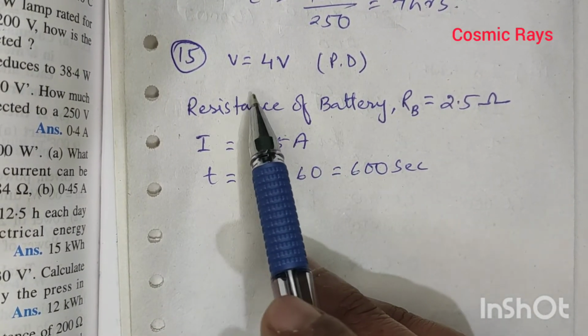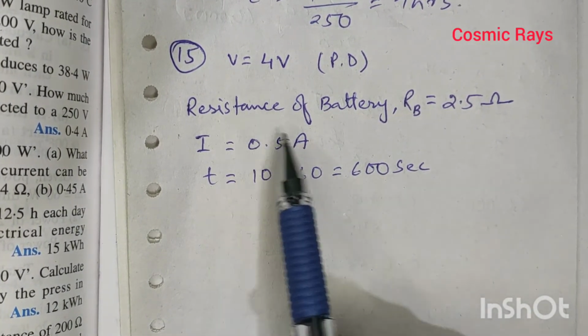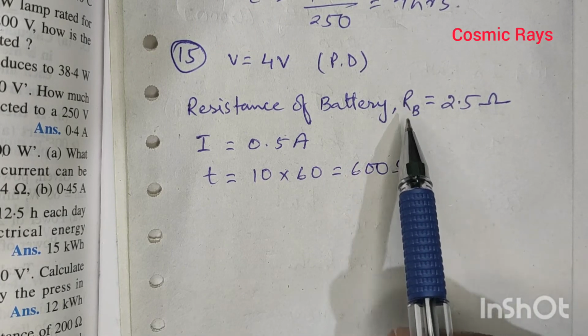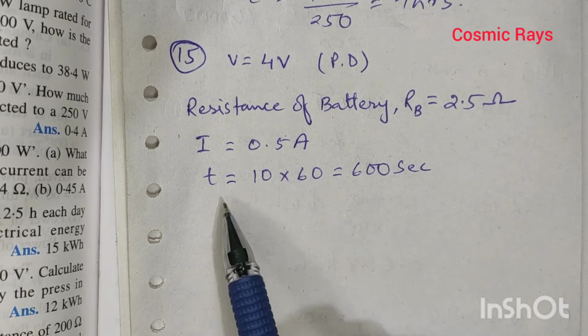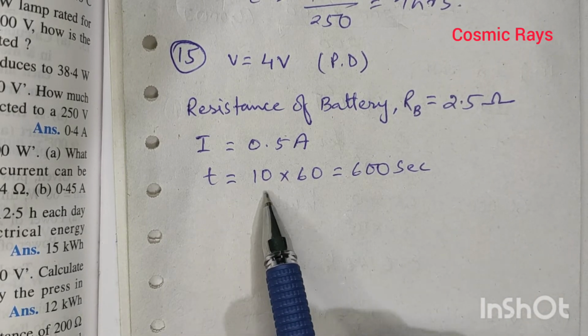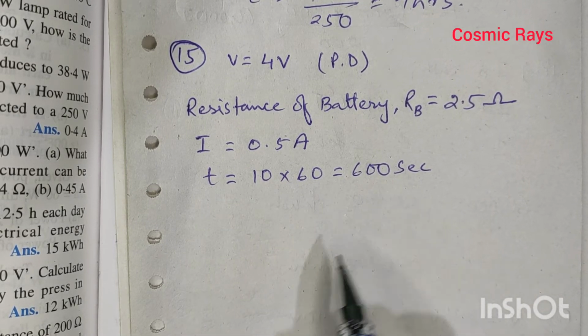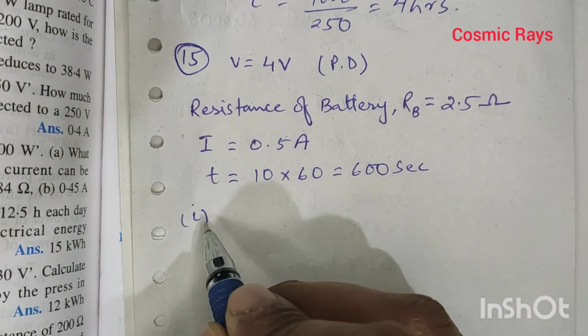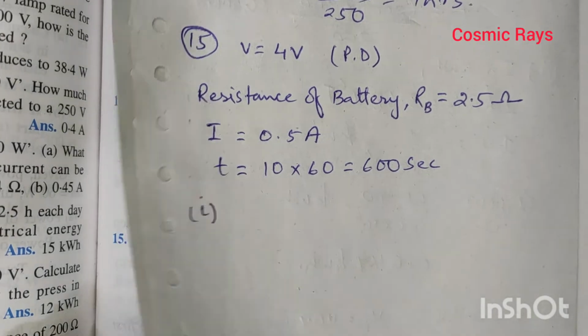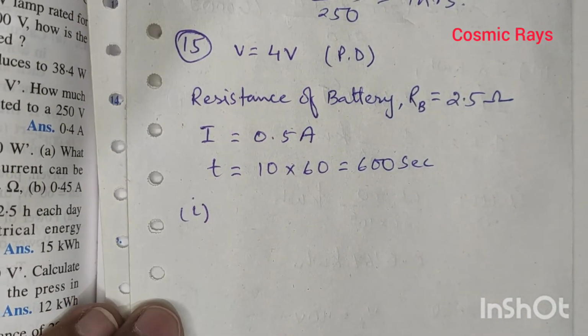Here, potential difference or the voltage is 4 volts. Resistance of the battery, we are denoting it with RB, is 2.5 ohms. Current is 0.5 ampere and the time is 10 minutes. So multiply it with 60 and you get 600 seconds. So the first part is to calculate the total energy supplied.